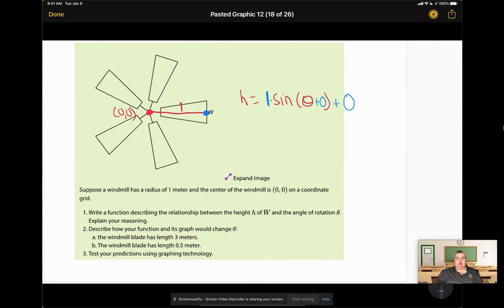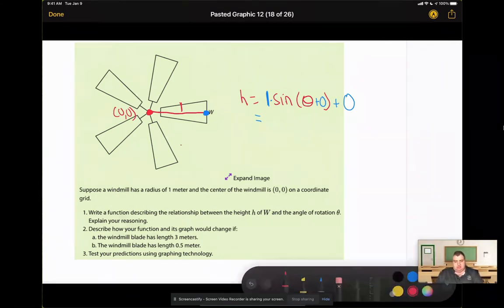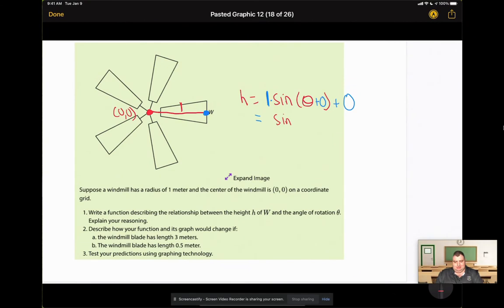If I rewrite that, 1 times sine, well, 1 times anything is 1, so I really don't need to write that. So my equation is going to be sine of theta plus 0. Again, I don't really need to write plus 0 because adding 0 doesn't change the value.